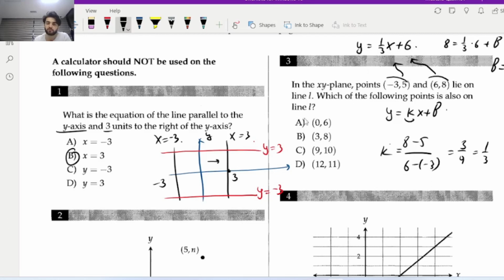After that, we have to put all answers in this function. For example, let's put a. When we put 0 here, we will get 6 for y, so it's correct. So the answer is a. For example, let's put b. For b, it will be 8 is equal to 1 over 3 multiplied by 3 plus 6, and this is equal to 7. That's why it's not correct. For C and D, it's not correct either.